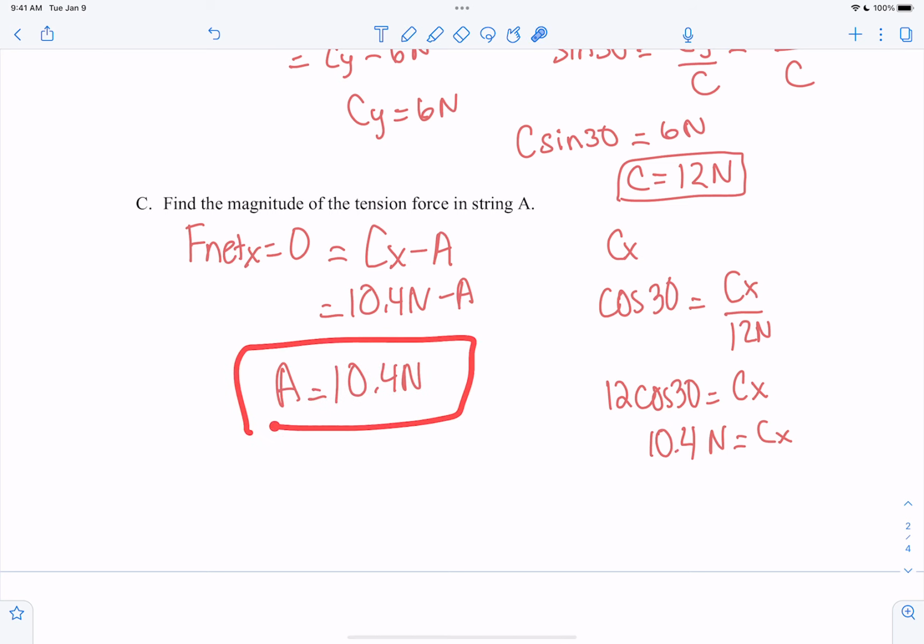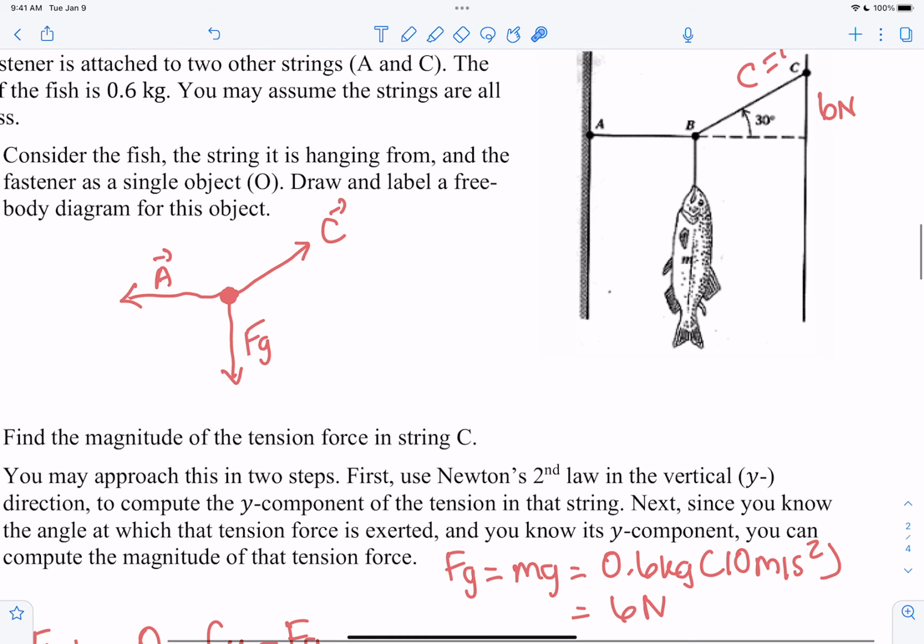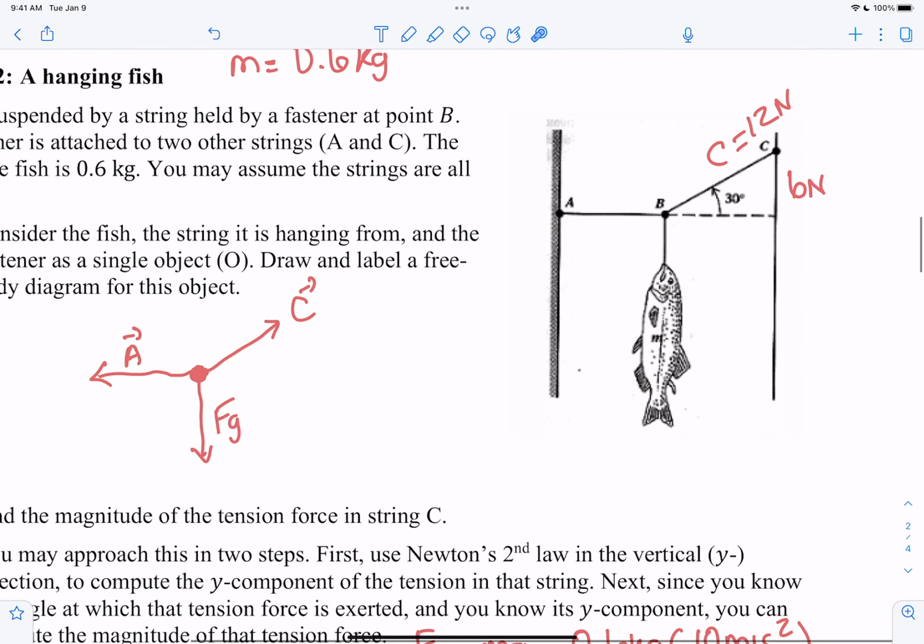So we can see here that the final answer gives us the magnitude of the force, right? Because otherwise, technically, if I just asked you what the tension force on string A is, not the magnitude, but the actual value for the force.